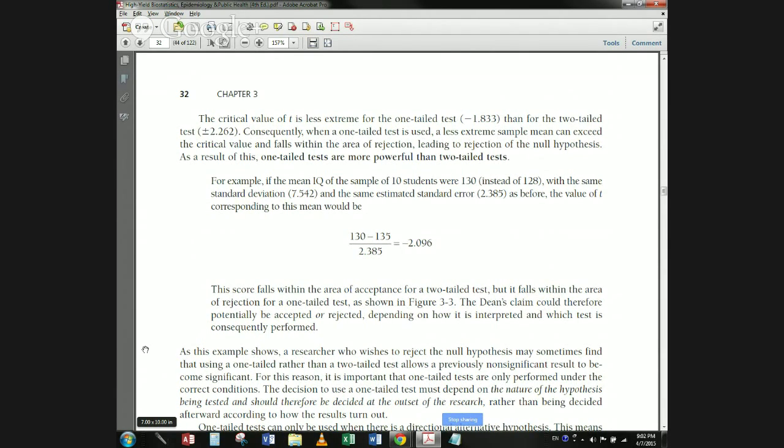For example, if the mean IQ of the sample of 10 students were 130 instead of 128, with the same standard deviation of 7.542 and the same estimated standard error of 2.385 as before, the value of t corresponding to this mean would be 130 minus 135 divided by 2.385, which equals negative 2.096.